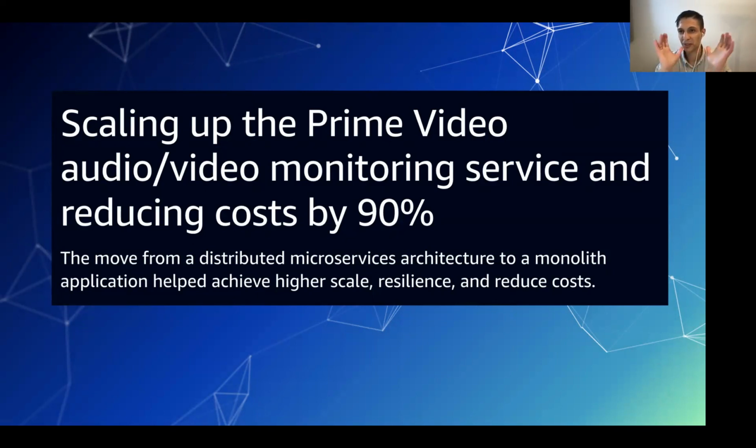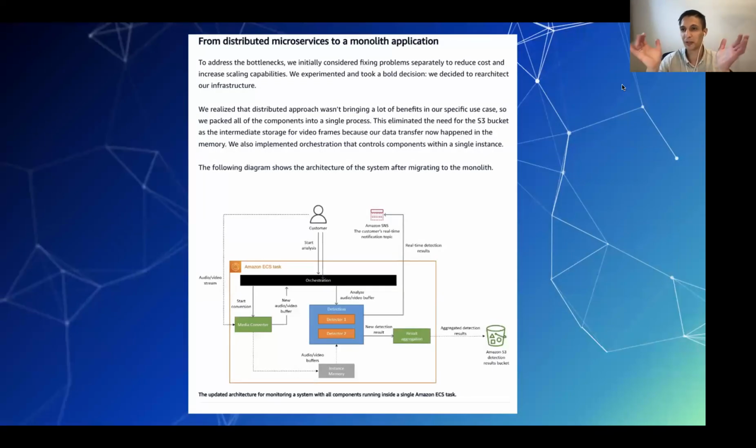You can find it easily on Google and find the original article. But if you look into the details of that article, they say they realized that the distributed approach wasn't bringing a lot of benefits in their specific use case, so they packed all the components into a single process. So they're talking about a specific case and a specific process in their architecture.